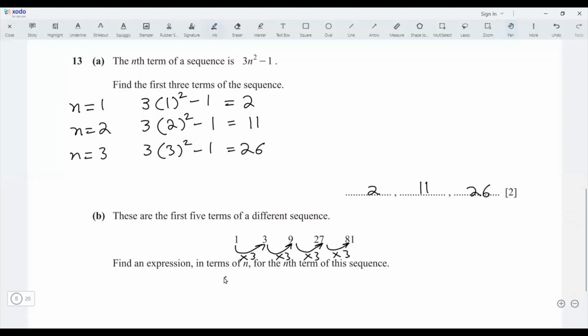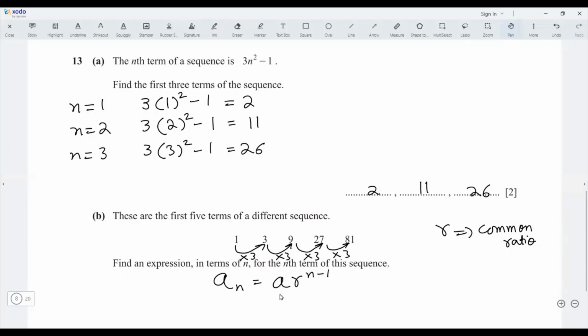For a geometric sequence, the nth term rule is a_n equals a multiplied by r raised to the power of n minus 1. r is basically the common ratio. Common ratio is the common number that is being multiplied, which results in the very next number. Means 3 is being multiplied, then 3, then 3, then 3. So r is 3 here.